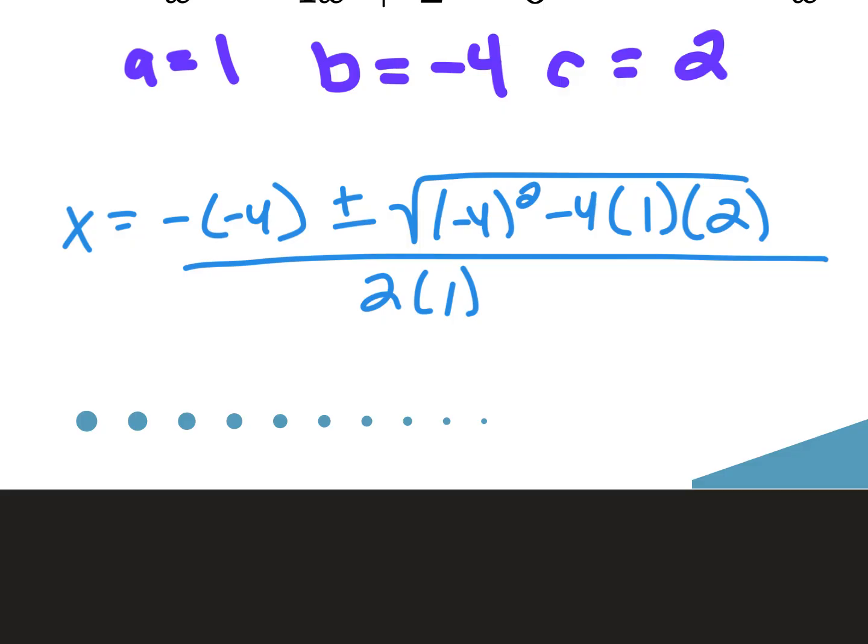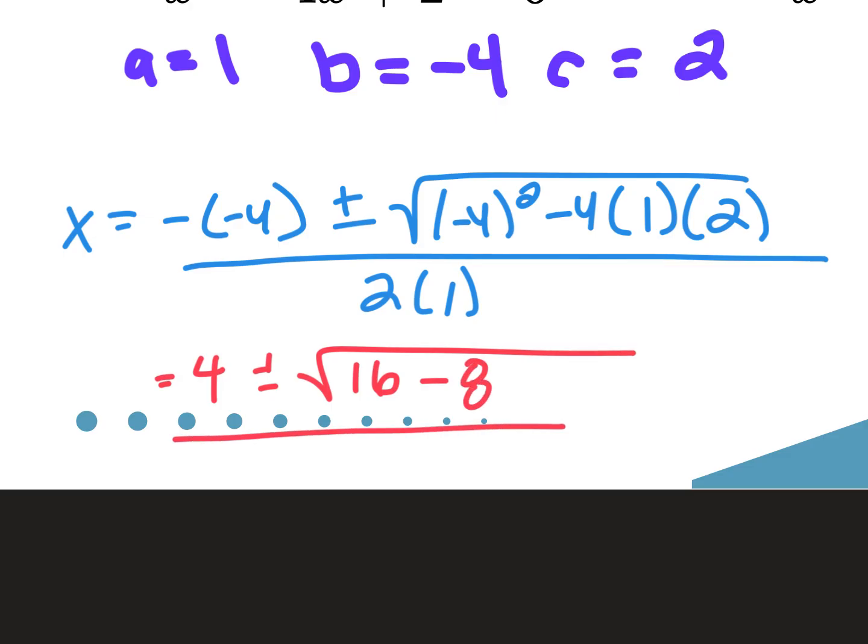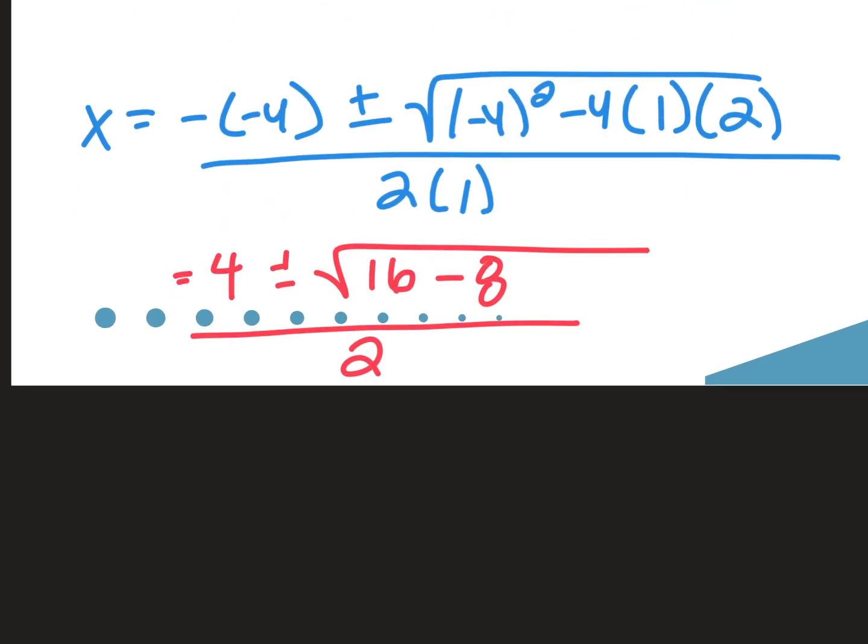All right, let's simplify. A -4 gives me 4. Plus or minus. What is -4 squared? 16. Positive 16. Minus, what's 4 times 1 times 2? Yep. All over. 2 times 1 is 2.